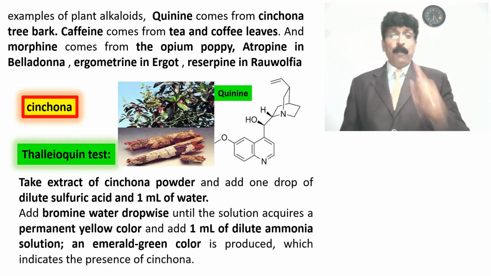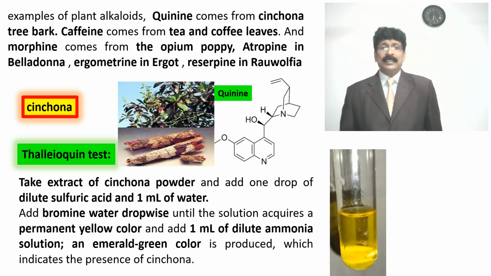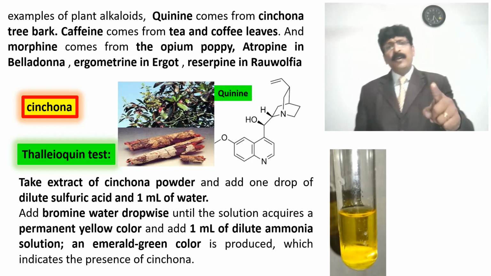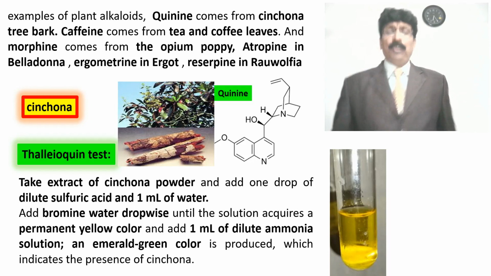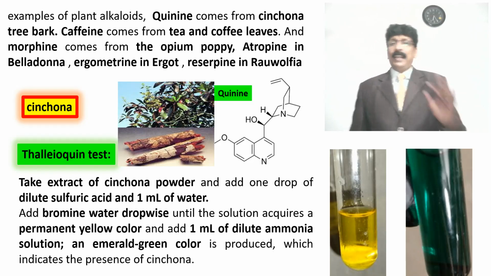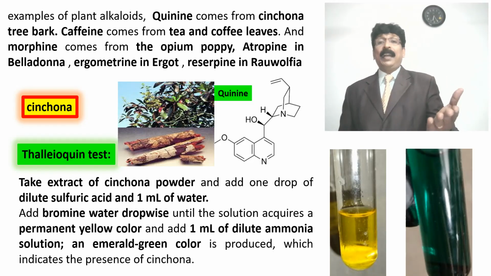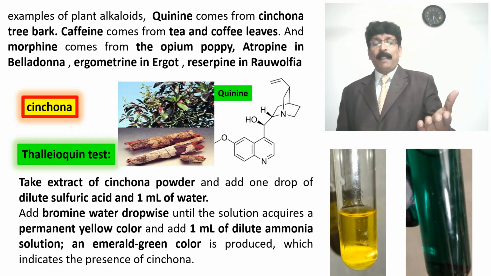Add bromine water dropwise until the solution acquires a permanent yellow color like this. Then add 1 ml of dilute ammonia solution, and it will turn to an emerald green color as shown in the picture. It means it contains quinine. If this is produced, it indicates the presence of cinchona and the constituent quinine.